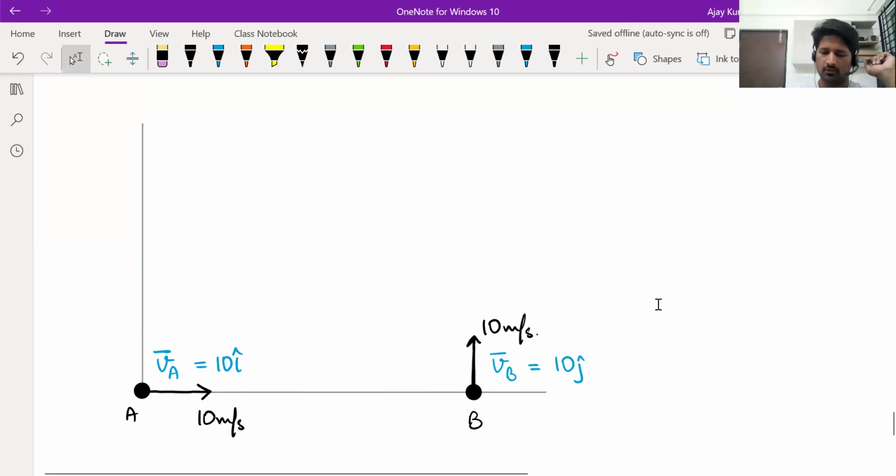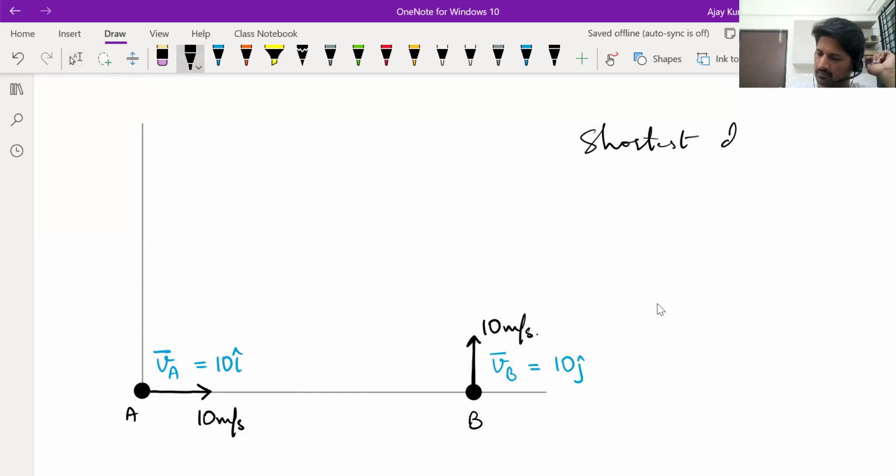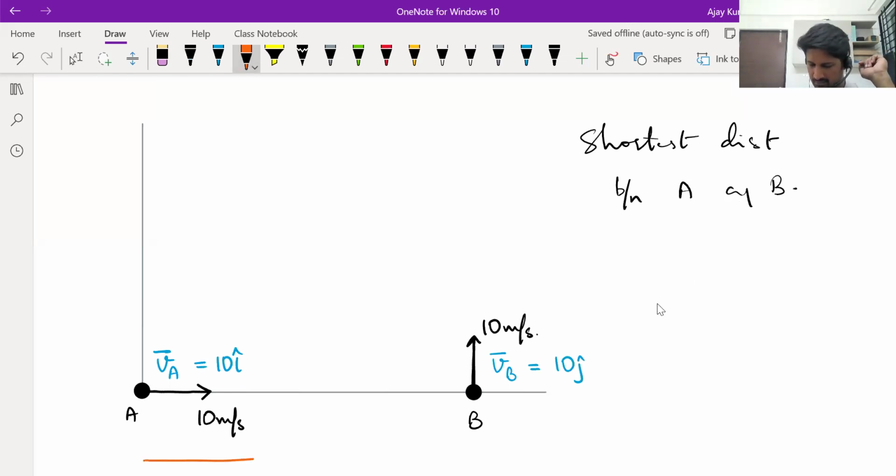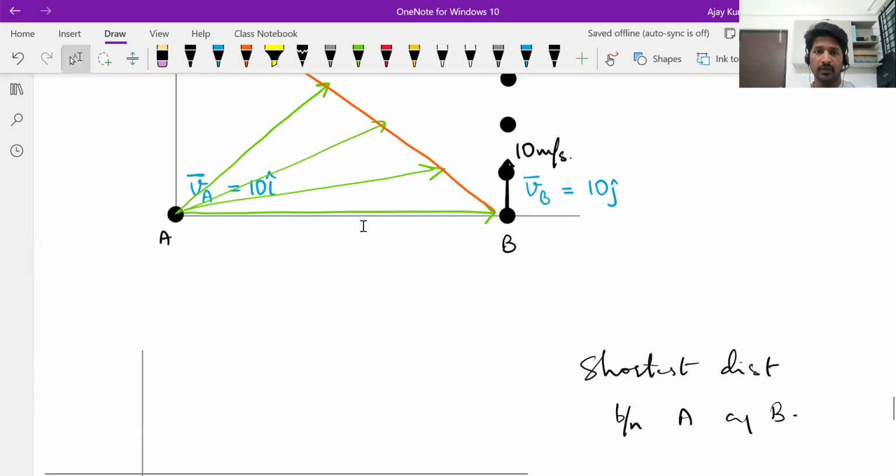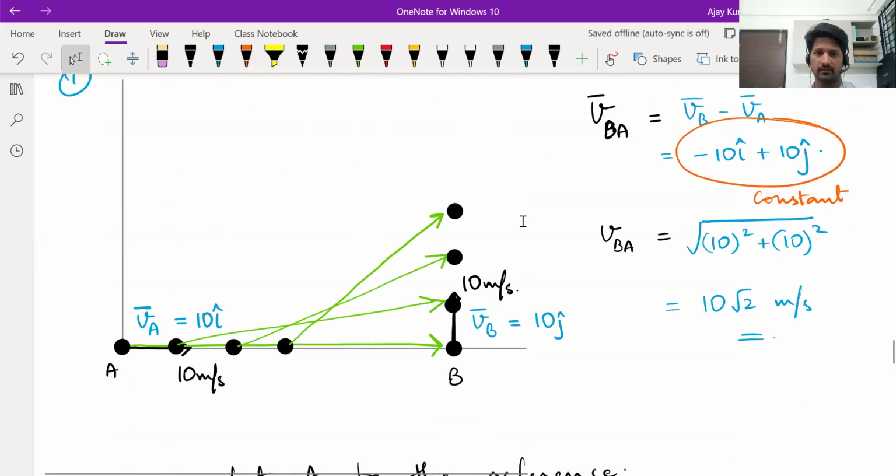I want you to find out the shortest distance between A and B. Assume initially they were at a distance of say some 200 meters. But we visualized later on B appears to be closer to A, right?